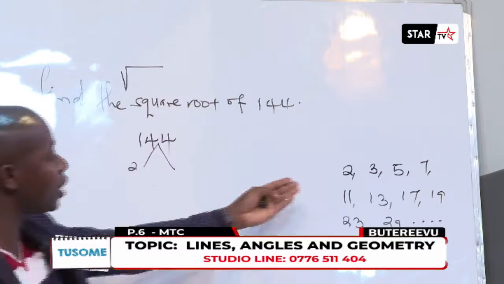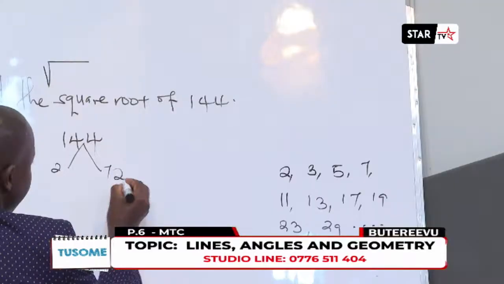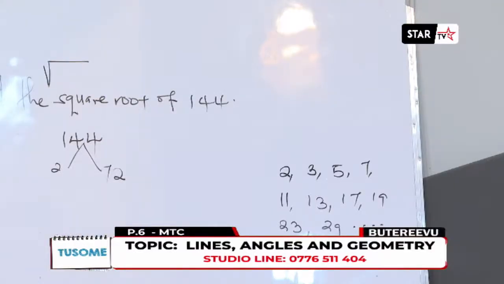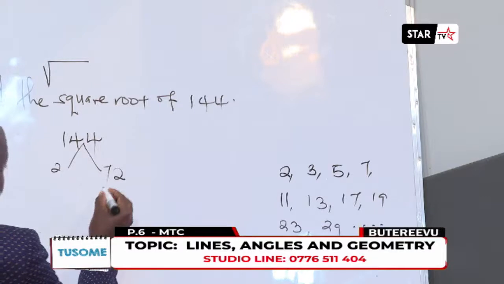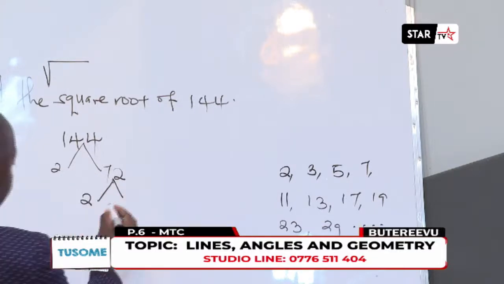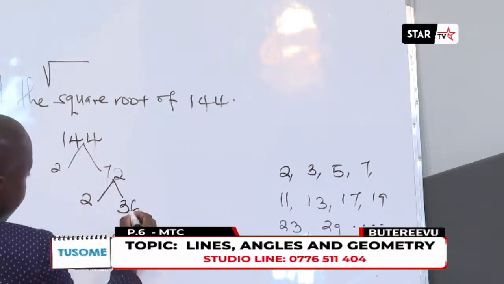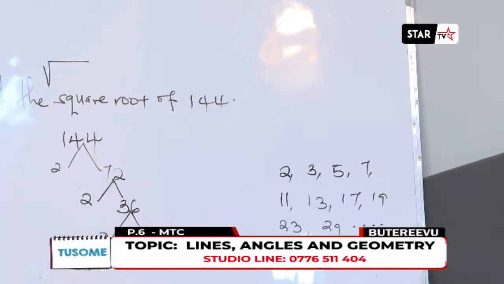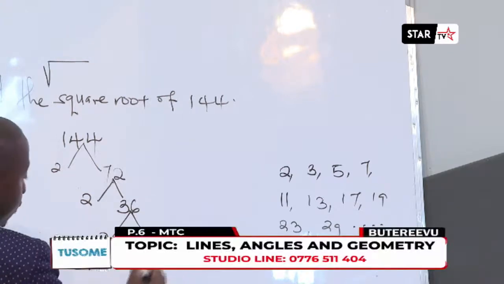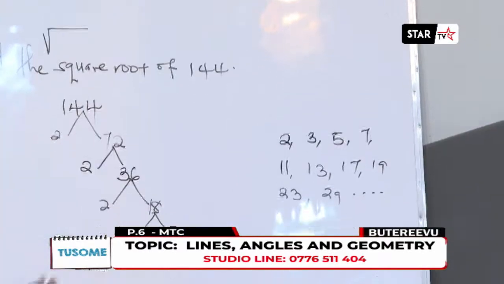When you divide 144 by 2, we get 72. Still 72 is an even number, therefore you can still divide it by 2, and you come up with 36. Furthermore, 36 is an even number. When you divide it by 2, you'll get 18. Still 18, even, divided by 2, you come up with 9.